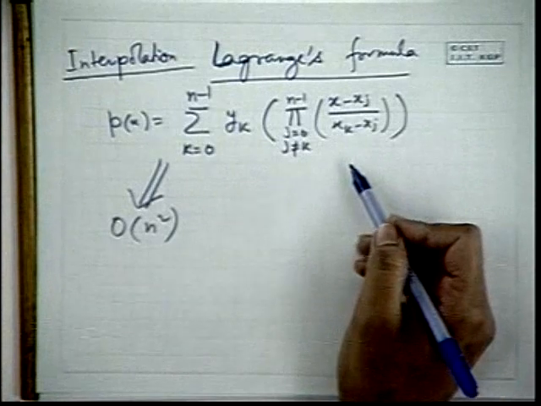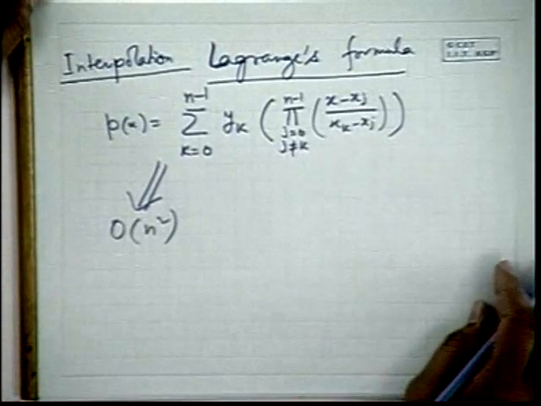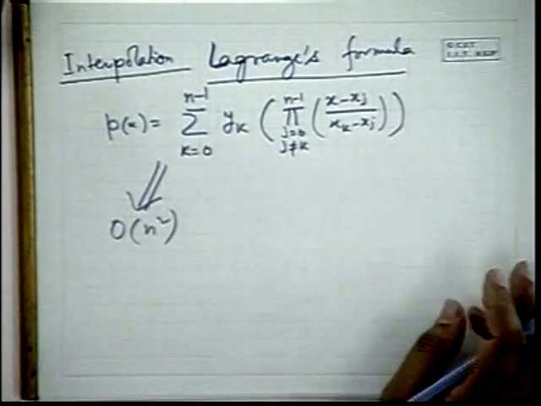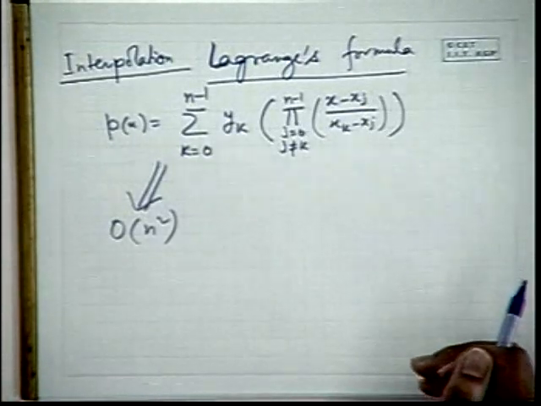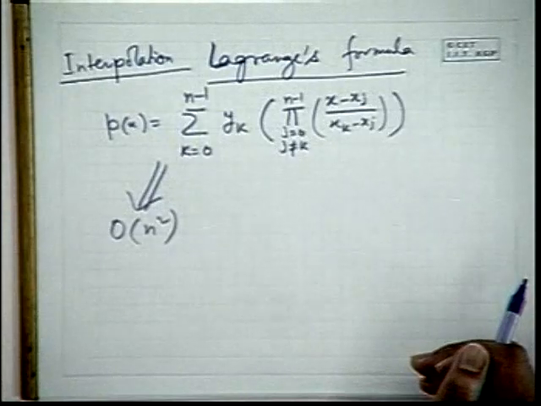But suppose we want to multiply two functions which have been given as point value representation. How would you get the point value representation for the resulting function? It's very straightforward. You want the value at x_k.